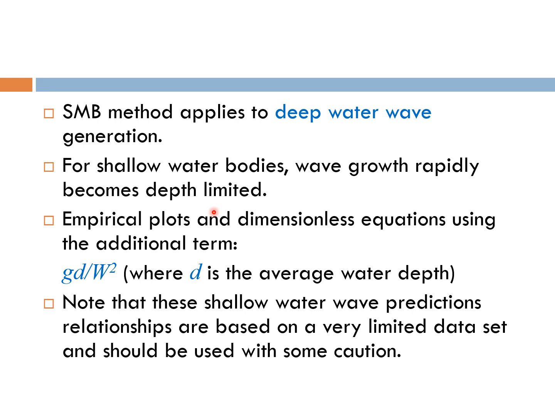So in order to consider the effect of the water depth on shallow water bodies, the SMB method can be extended to include additional dimensionless terms that take into consideration average water depth. However, there are limited data available in this case, and so if we apply the SMB method on shallow water wave conditions, we need to treat the results with caution.